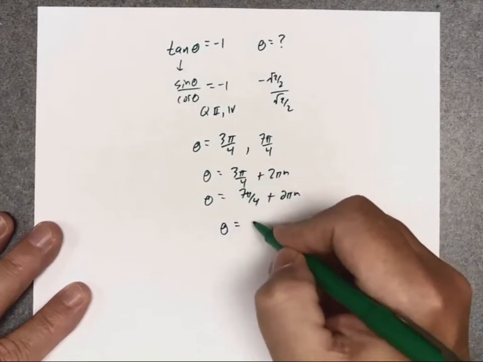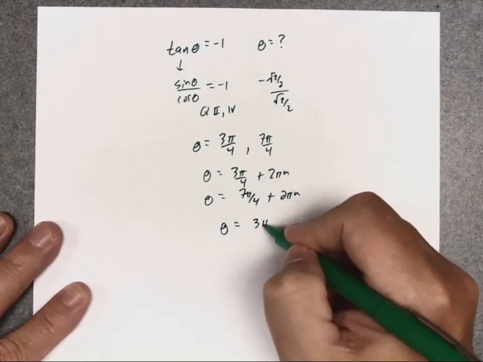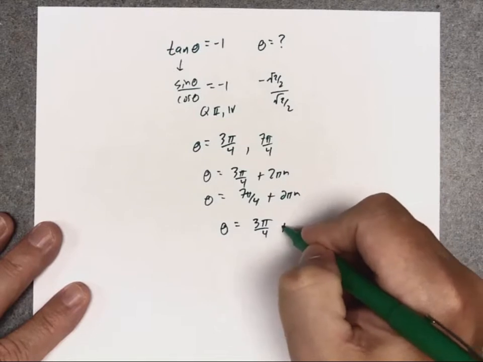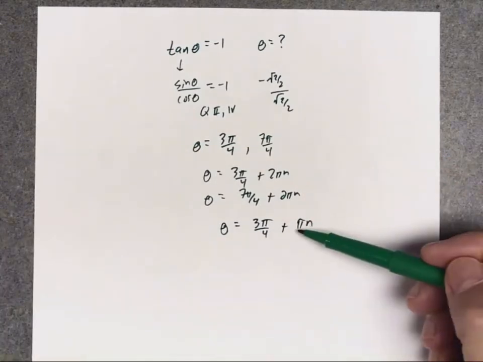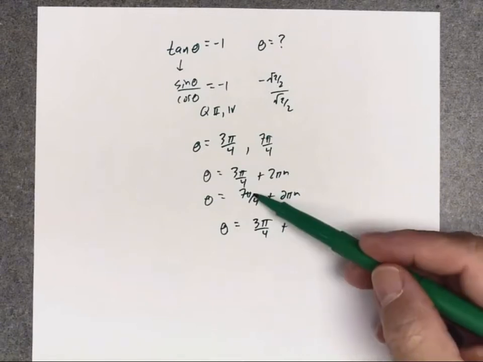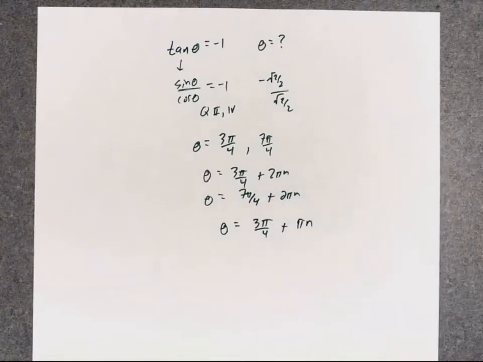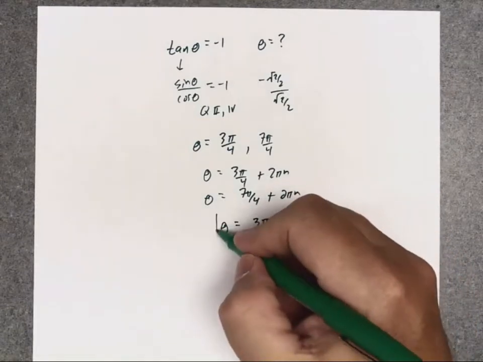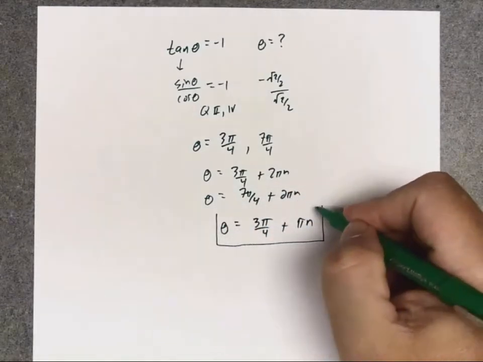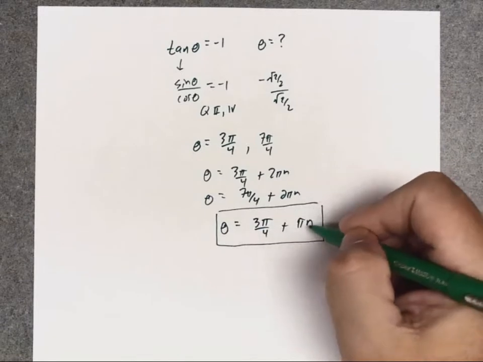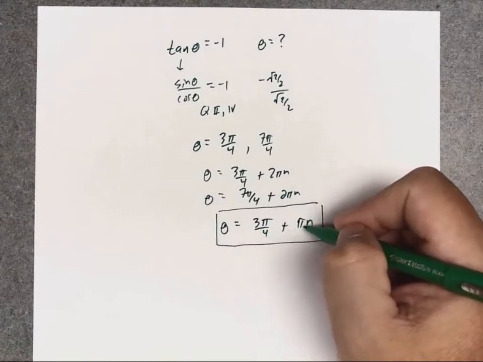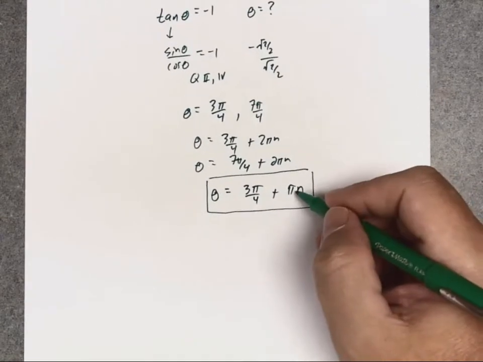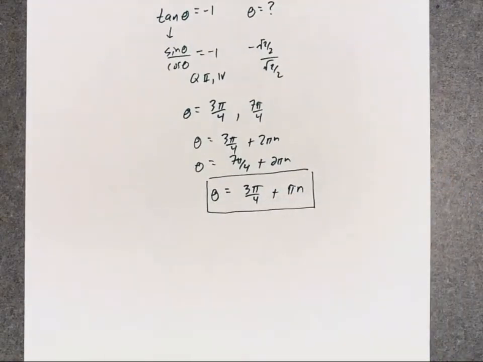And when we do that, we actually don't have to write both of these anymore, because you realize when n is 1, I'm going to get my 7 pi over 4. So the thing I want you to realize is that for tangent, when we write our general equation, we don't add 2 pi over n, we just add pi over n, and it makes it a little simpler.